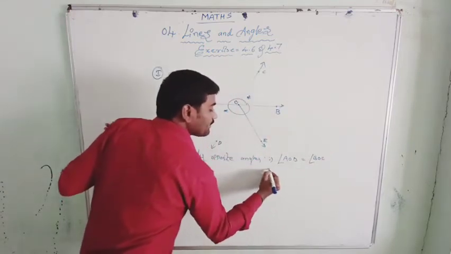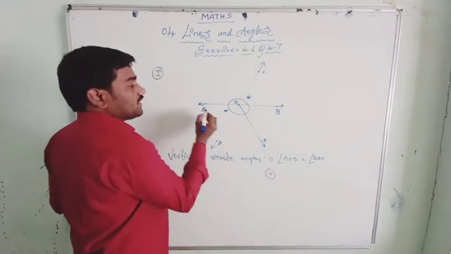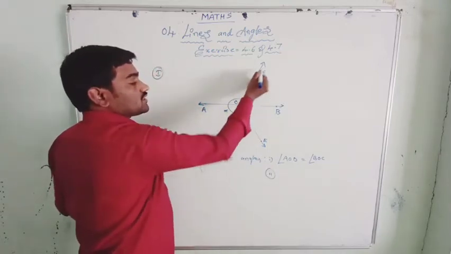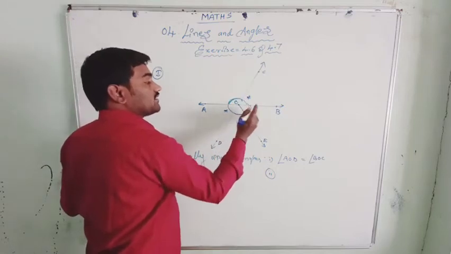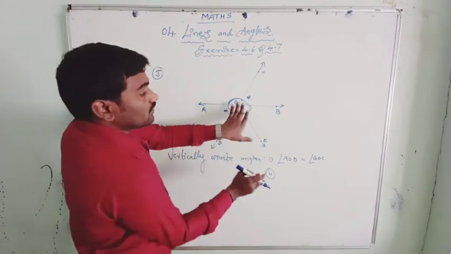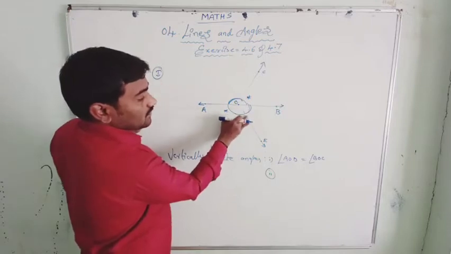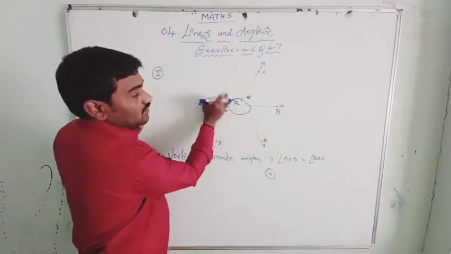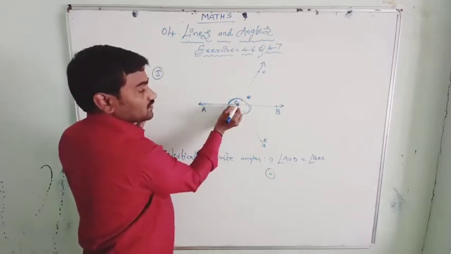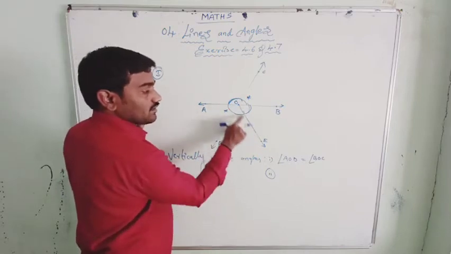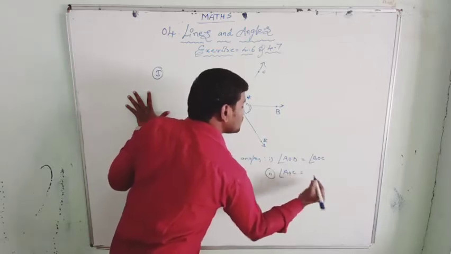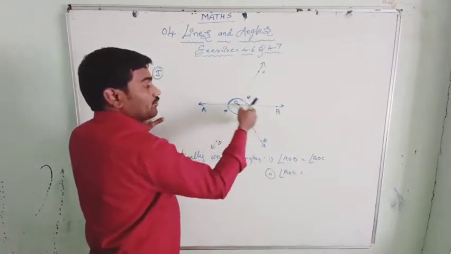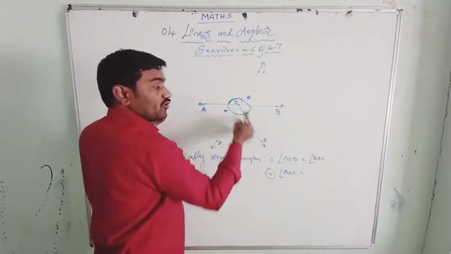And the next one, see that here this complete angle AOC is equal to this complete angle, not a single part. We have to forget about this line. See that these two angles are vertically opposite angles. So imagine that there is no line like OE. So we write now angle AOC is equal to angle BOD, not BOE.